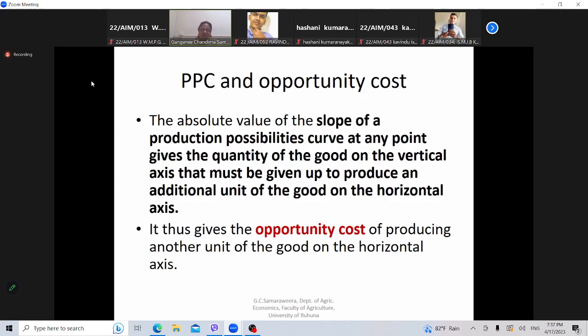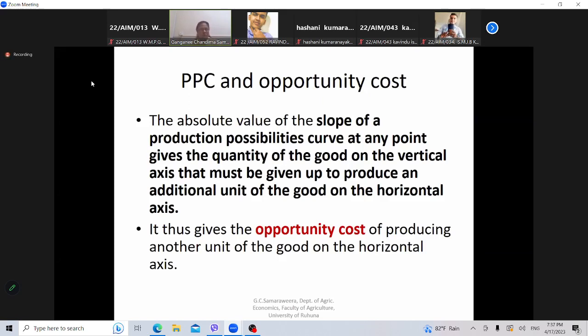After working in a hotel, you may get 1,000 rupees for 4 hours. But you came here to study something. Then your foregone cost or opportunity cost is that 1,000 rupees because you have given it up to come for the lecture. So every time you should remember opportunity cost.